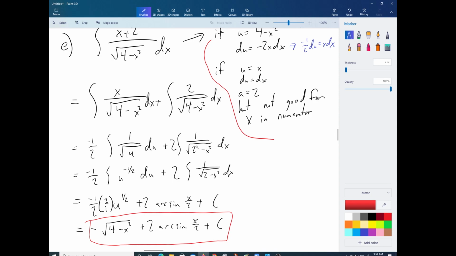Aurora, are you talking about going from here to here? Because I got a lot on the screen. Okay, so it's because I have the x dx here, and that was equal to my negative 1/2 du. And so that was equal to this. And then I need a placeholder at the top, so that's why I put a 1 here, to make sure I put everything else on the bottom.